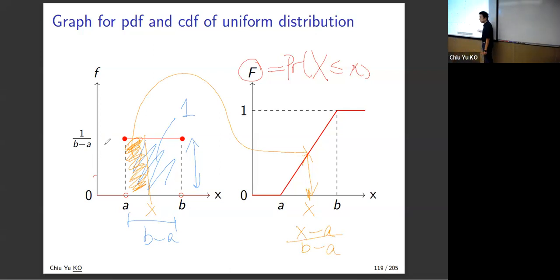When x is a, this is 0, and before that it is 0 as well, because there's nothing before, the area before is 0. And when x is b, this is 1, and from there on it's 1. And this is linear in x, like this. Is that clear?